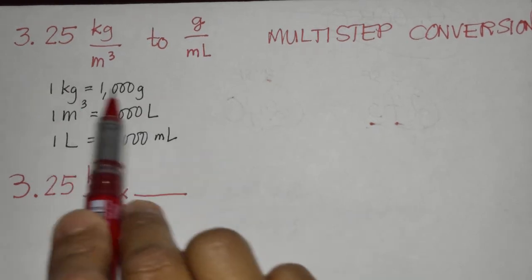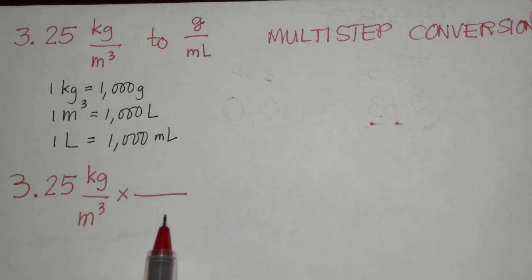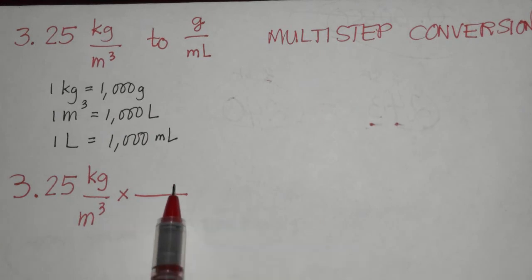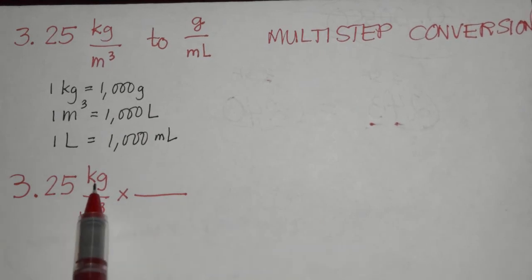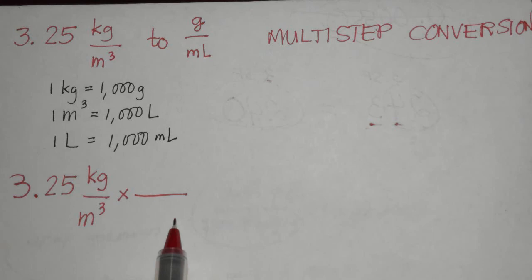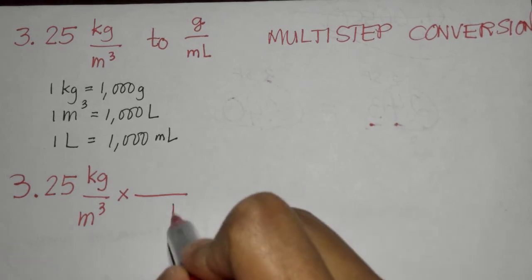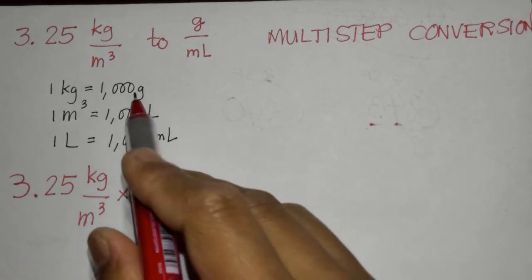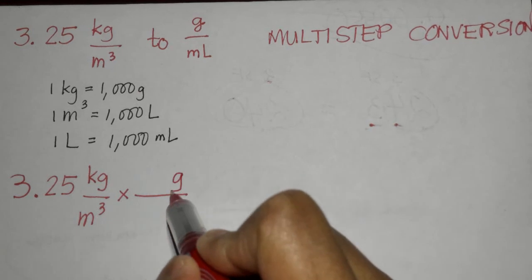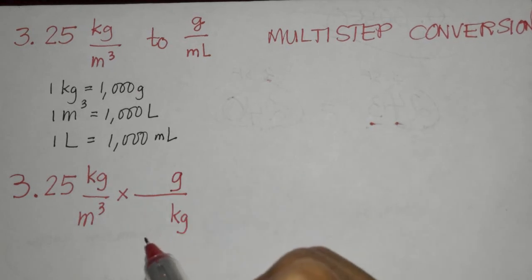The first one is kg and g. Where will I put my kg and g here? My kg here in the given is on top. And for me to cancel out that kg on top, what should I put at the bottom here? It's also a kg. And so the other unit g should be on top. Then I copy the units.